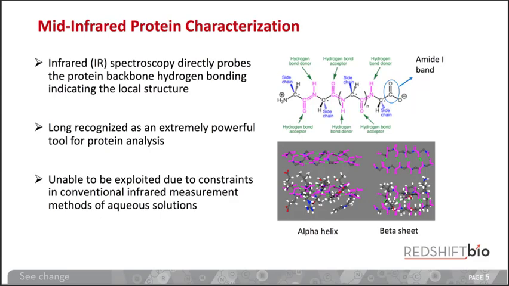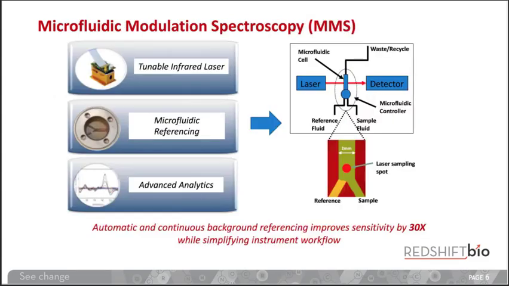It's been long recognized as a very effective method for the analysis of protein structure. But it hasn't been fully exploited because of constraints in the conventional IR methods available to date, particularly for aqueous solutions. So we developed a new platform, a new technique called Microfluidic Modulation Spectroscopy, or MMS for short.